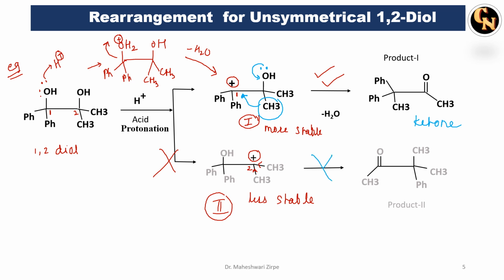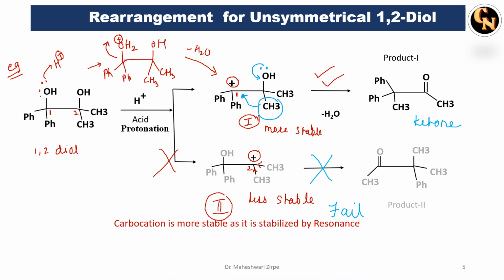Whereas the second type, to get a carbocation on the second carbon, is going to fail. This will not take place. So while doing the Pinacol-Pinacolone rearrangement, you have to remember that you first have to understand where the carbocation is going to form.